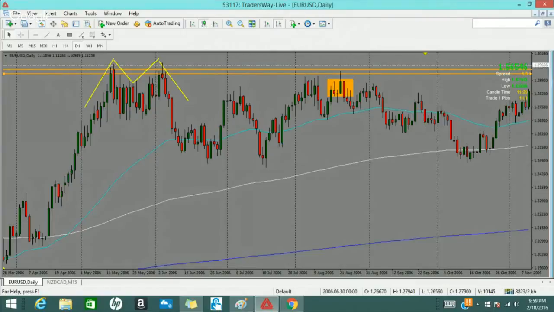Okay, if they close in separate prices, you put one line for the first leg and one line for the second leg. Okay. Now I want you to look at what price did.